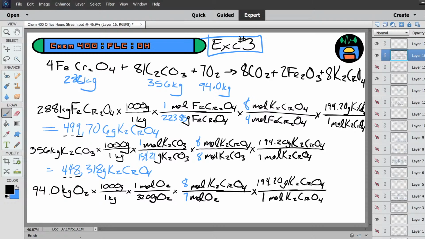I'm just going to double check. 94 times 1,000 divided by 32 times 8 divided by 7 times 194.2. All right, and shoot, I thought this was going to be the smallest number, and look, turns out it is the largest of them all. Sorry, that's not kilograms, that's grams.